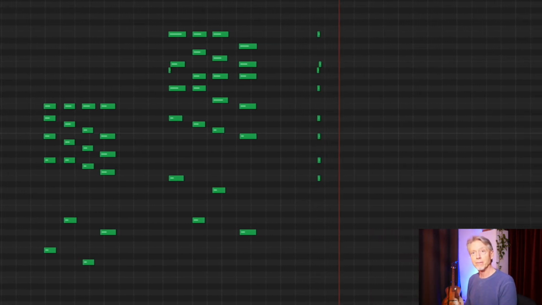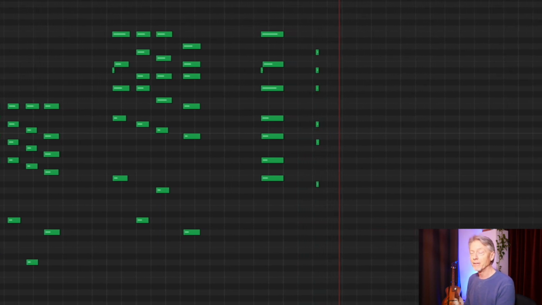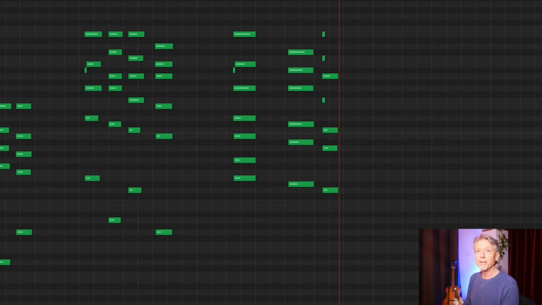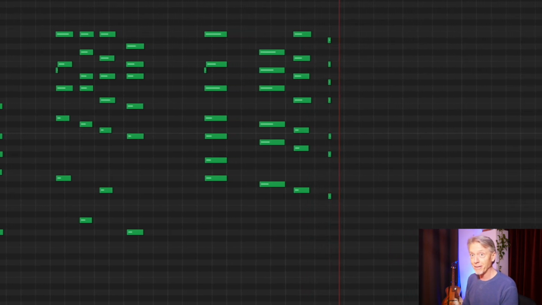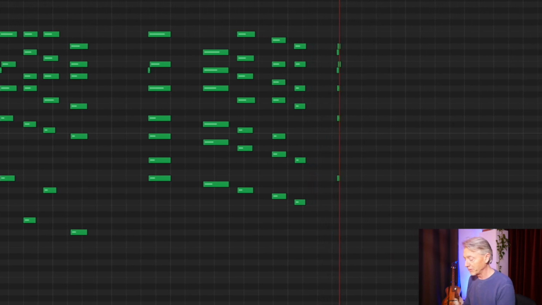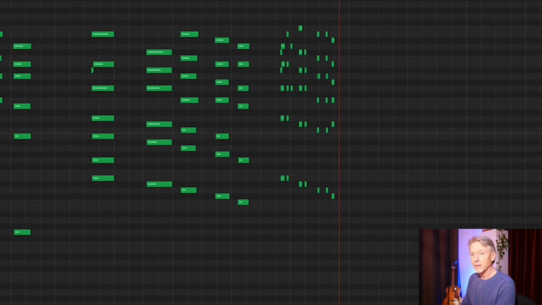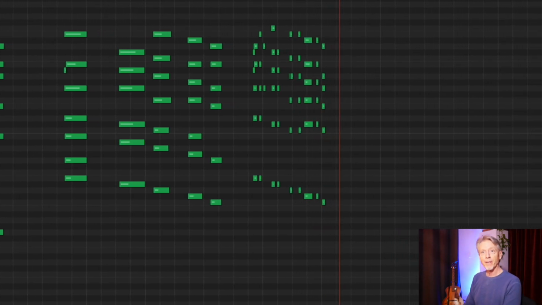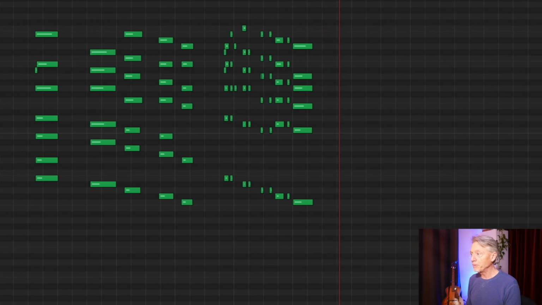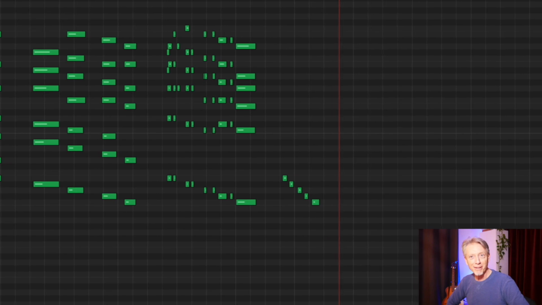E minor 7, tritone substitution for A7 is E flat 7, D minor 7, D flat 7 to C. We'll make it sound prettier. Here we go. Did you notice how the roots moved? I love that effect. Nice chromatic motion going down.